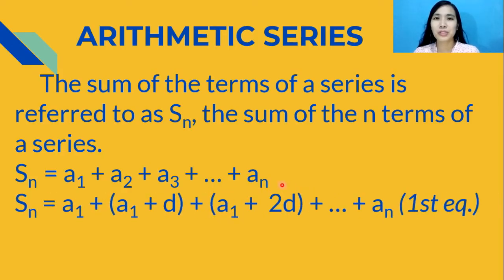Or that is also the same with S sub n is equal to a sub 1 plus a sub 1 plus d, this a sub 1 plus d is also the a sub 2, plus a sub 1 plus 2d, which is also the a sub 3, plus so on and so forth, plus the a sub n. Let us say that would be our first equation.